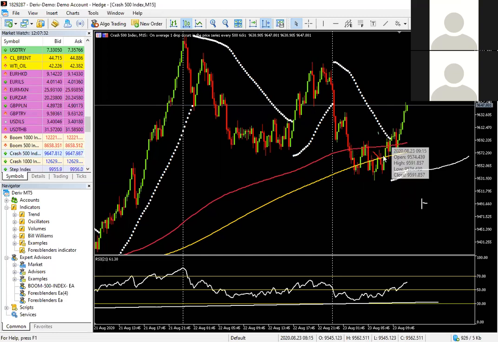I hope you understand about the bounce. I want it to bounce and not close some candle below the simple moving average, either of the two. But the main one, this one, I don't want the candle to close below and open some candle. No, that's why I didn't take this trade. Though it's going to be a good trade for a risky trade. If I was too desperate for a signal, I could have taken this signal, but with caution.